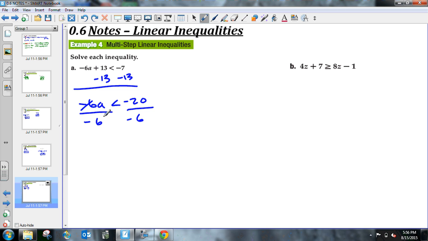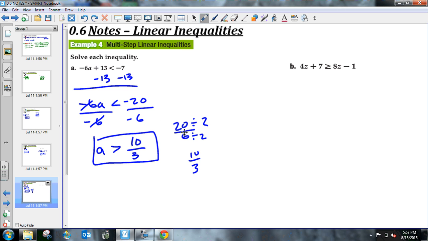So this divides out, and I get a is greater than, negative divided by a negative is a positive, so I get positive 10 thirds. Well, you should get 20 over 6, but I can divide each of those by 2, and that's what ends up giving me 10 thirds. Okay, so I did some simplification. I skipped a step. But that's what you would get as a fraction, and then you can simplify that down.